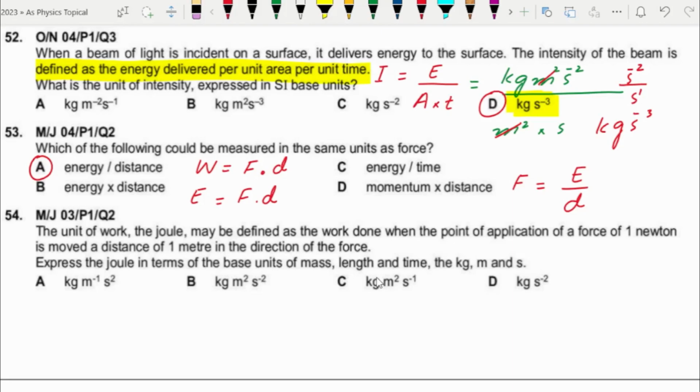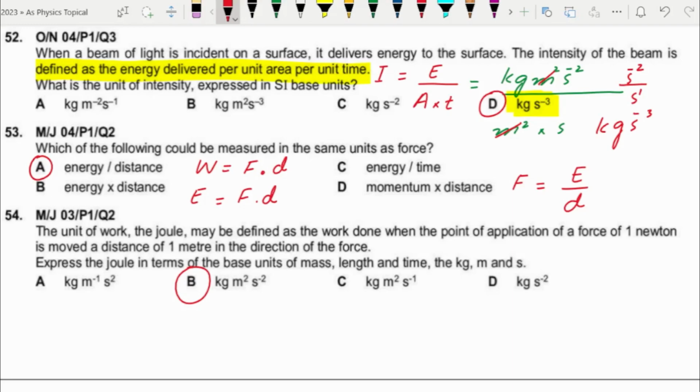So you get a question in P1 straight away without doing any working, you can directly solve it. We inserted the unit of work done or energy earlier, which was kg m2 s minus 2. So you straight away mark option B as the right answer for question number 54.